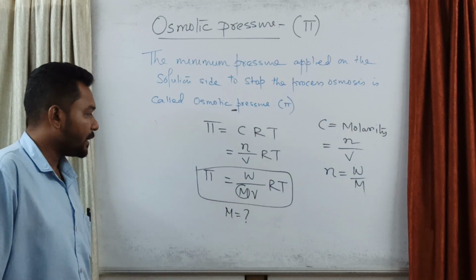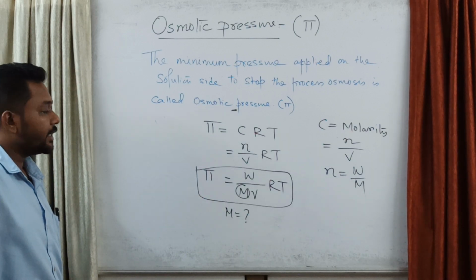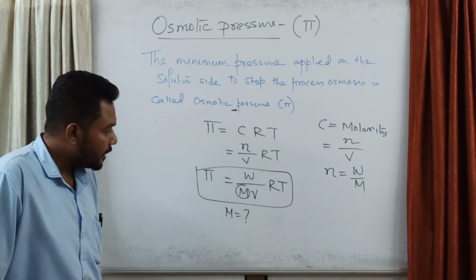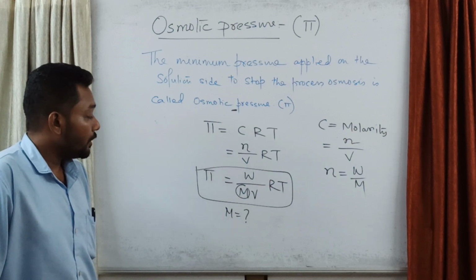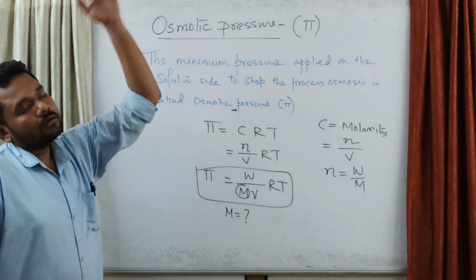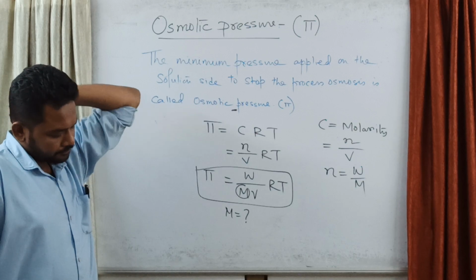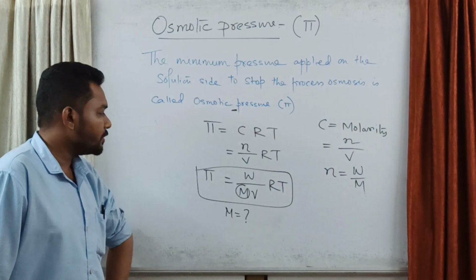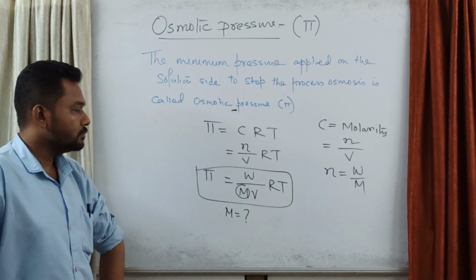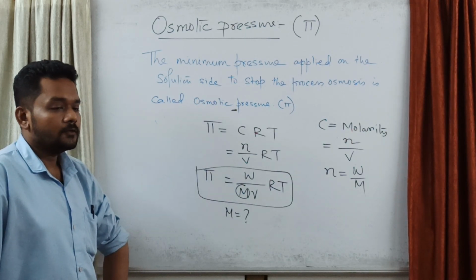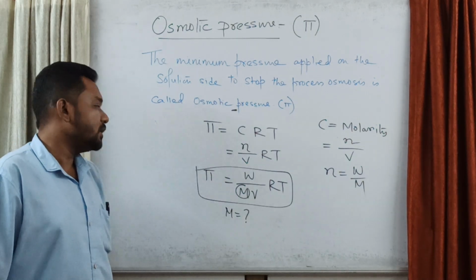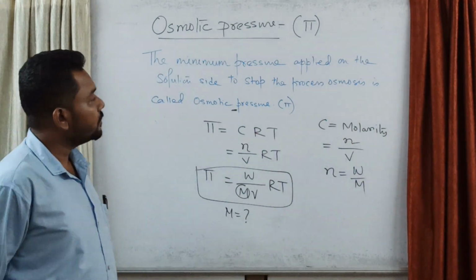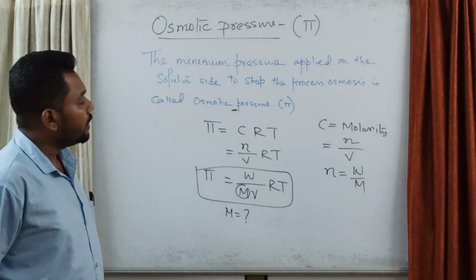Here pi is equal to osmotic pressure, W is equal to weight of the solute, M is equal to molar mass of the solute, V is equal to volume of the solution, R is equal to universal gas constant, T is equal to temperature in Kelvin.